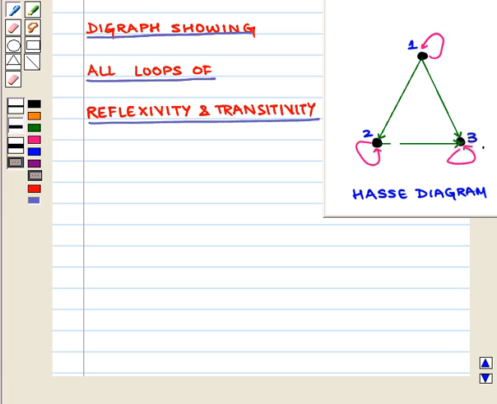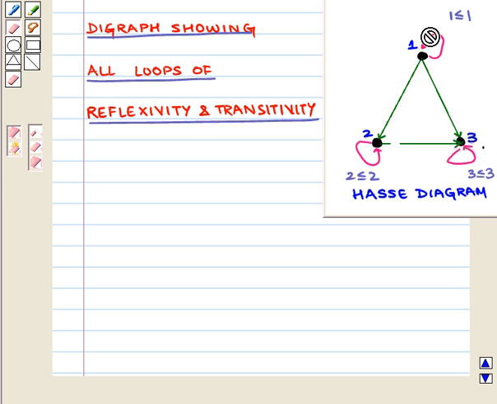Let us first see a diagram showing all loops of reflexivity and transitivity. See here, self loops at 1, 2, and 3 show reflexivity, that is 1 is less than or equal to 1, 2 is less than or equal to 2, and 3 is less than or equal to 3. So we will remove these.